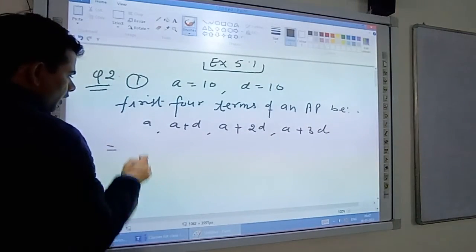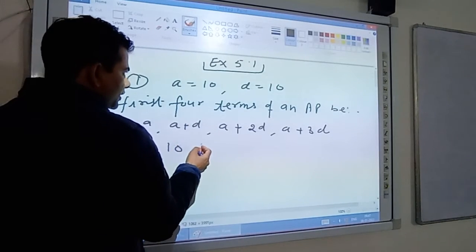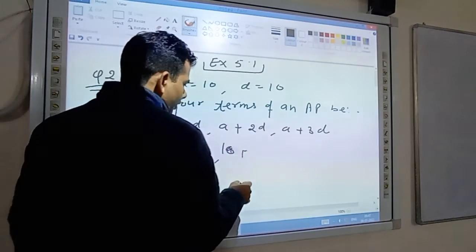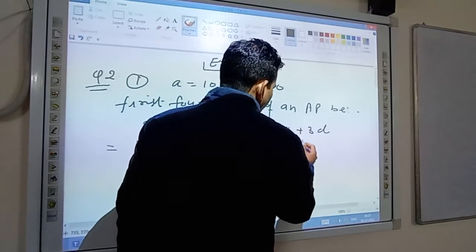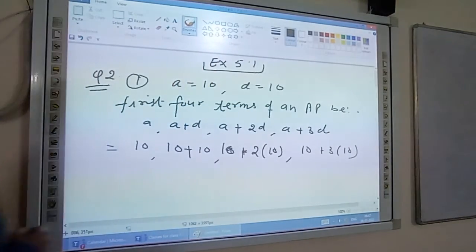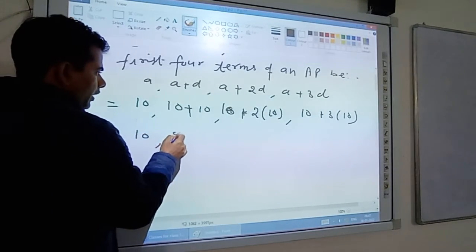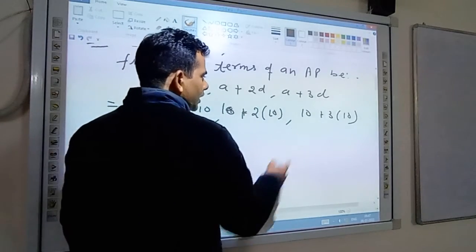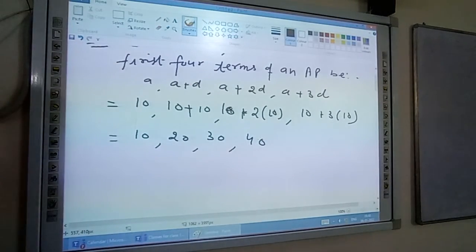Your first term is 10, then 10 plus D, D is 10, that is 20, then 10 plus 2 into 10, that is 30, and 10 plus 3 into 10, that is 40.